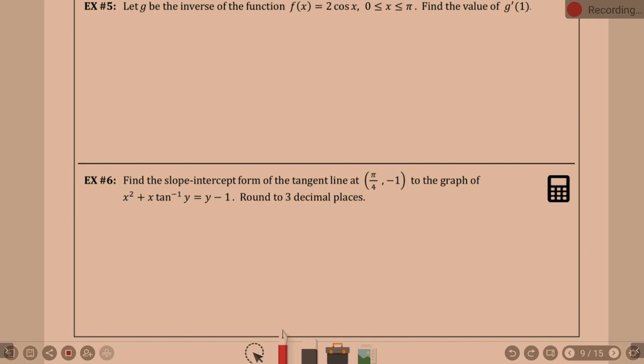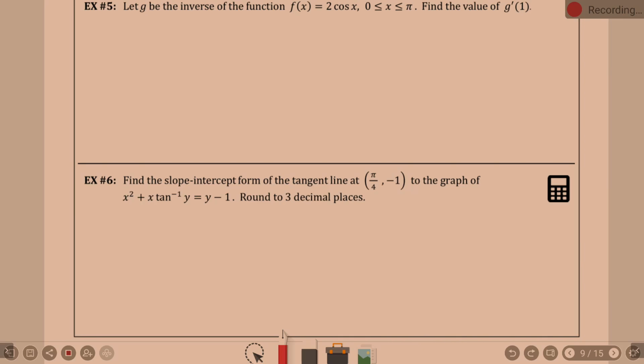Let g be the inverse of the function f equals 2 cosine x on the interval from 0 to pi. Find the value of g prime of 1. Now, realize, what was g defined to be? G is the inverse, yes?